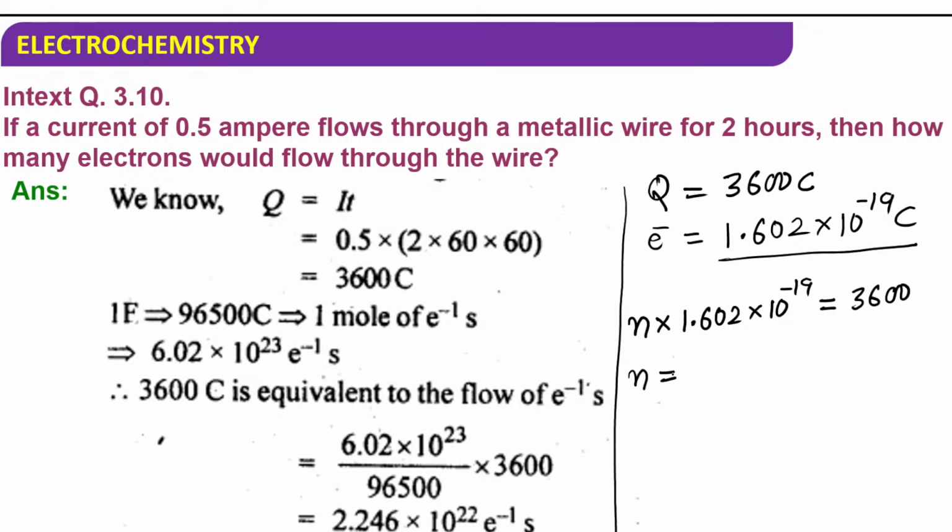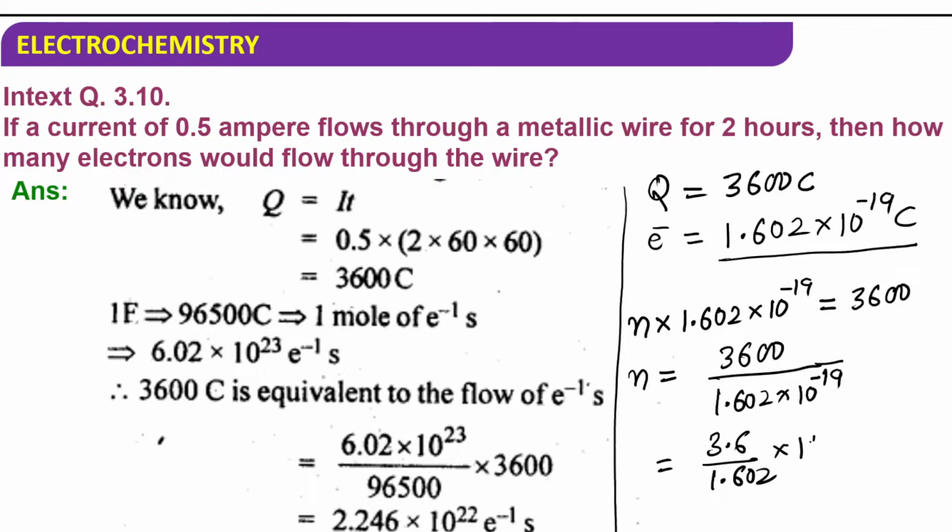So the number of electrons is equal to 3600 divided by 1.602 into 10 raised to minus 19. So it is 3.6 upon 1.602 into 10 raised to, see, 3.6 means 10 power 3, plus 19, so it is 10 power 22. So this is the second way to solve this question.